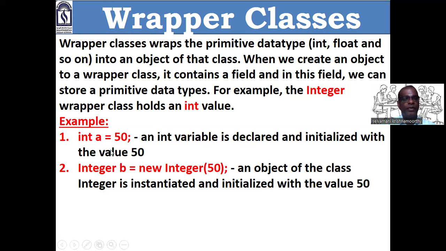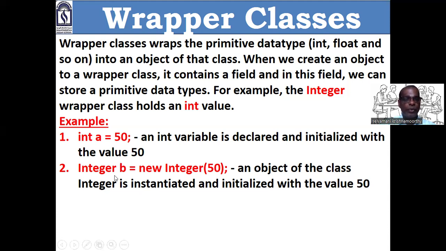Fine, very simple. See the second example, Integer b = new Integer(50). Please understand, wherever we are using new, that means we are creating a new object. Whenever we are using new, we are creating a new object.